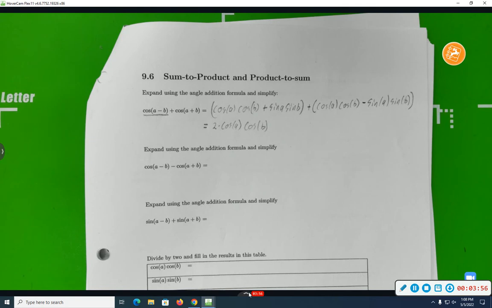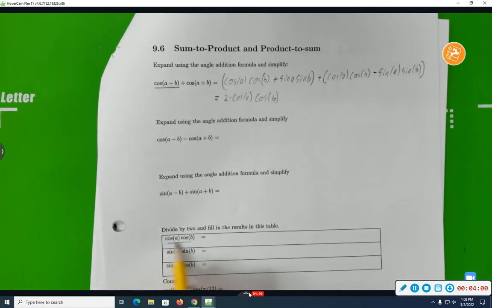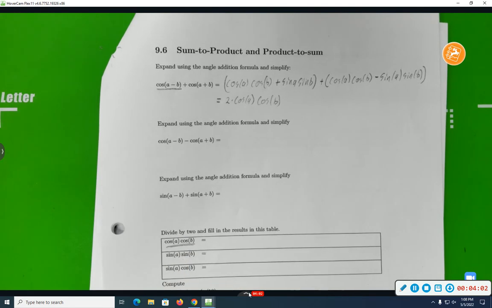What we did there was kind of arbitrary and random feeling. But let's take a look at this table of formulas. If you wanted to know cosine of a times cosine of b, does that formula basically tell you what cosine of a times cosine of b is? What would you do to get cosine a times cosine b on its own?